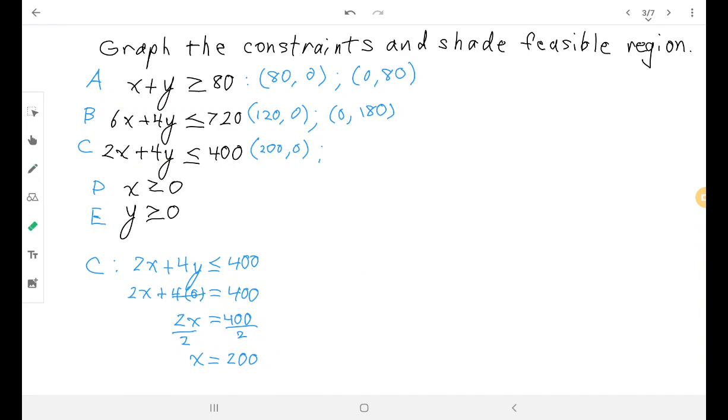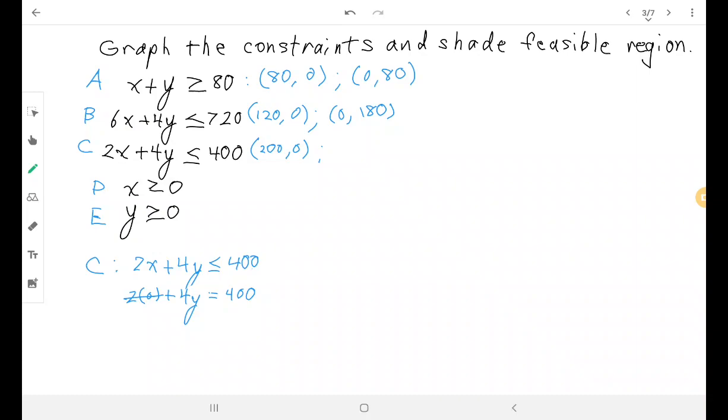And then let's get our y-intercept. Get rid of this. And our y-intercept will be our y value when the other one, x, is 0. So it's 2 times 0 plus 4y equals 400. And then 2 times 0 is 0.